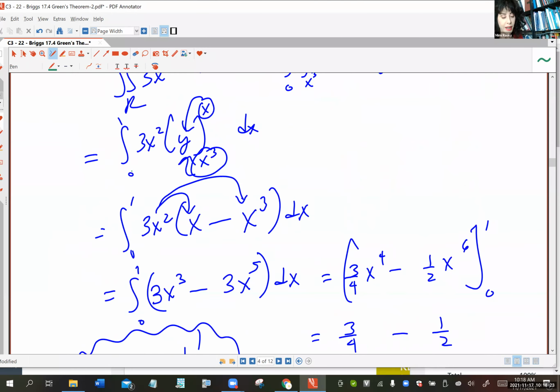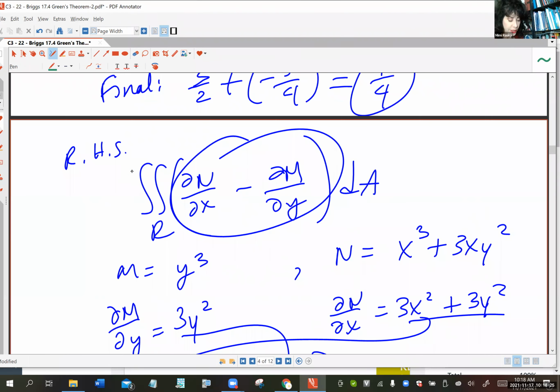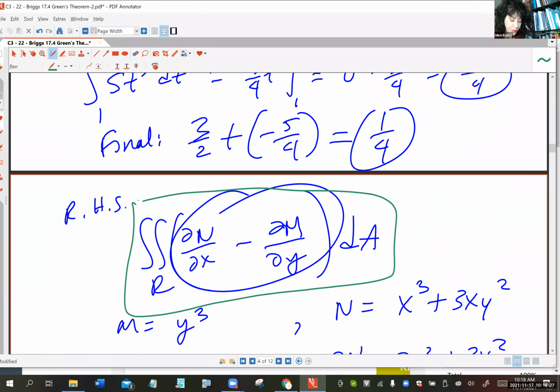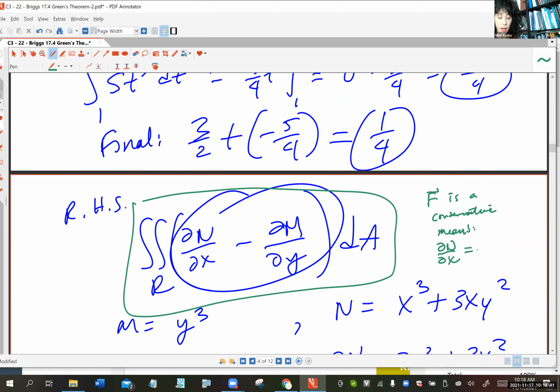In fact, if you have a conservative vector field, you don't even really need to apply Green's. Why not? Let's look real quick, because here's Green's right here. What do we know if F is a conservative vector field? We know that the partial of N with respect to x would be exactly equivalent to dM/dy, the partial of M with respect to y.